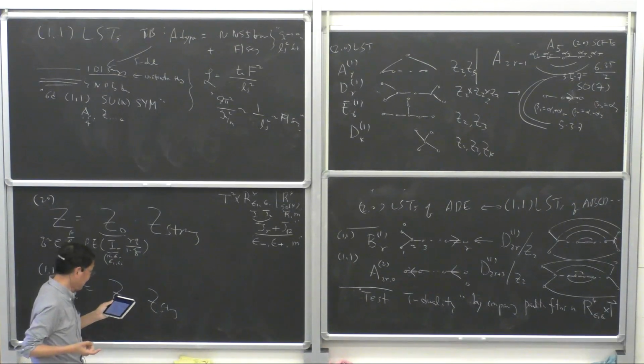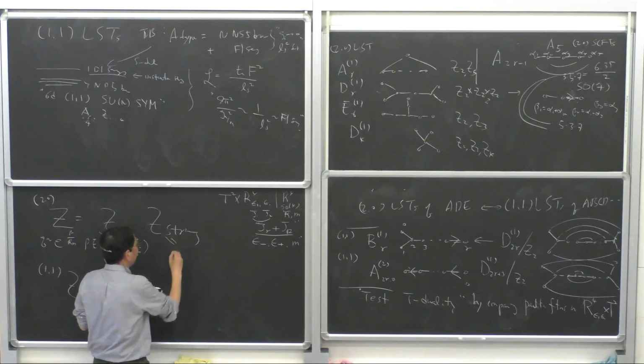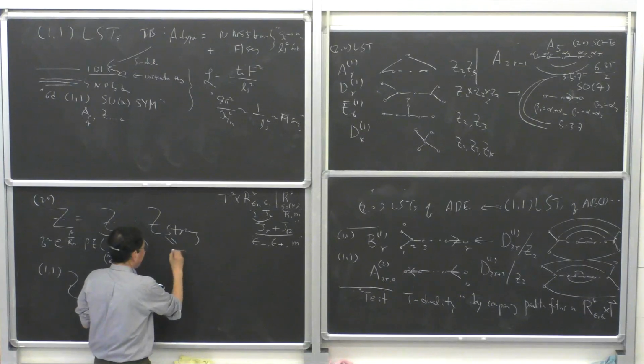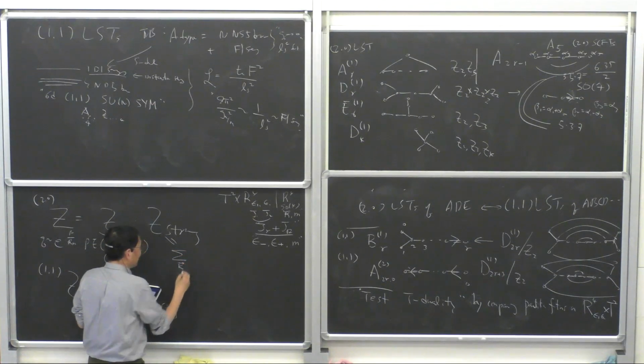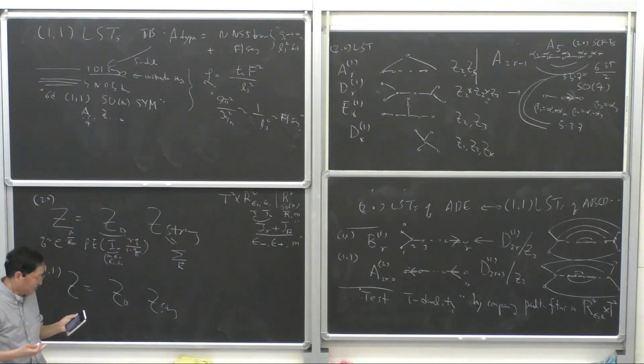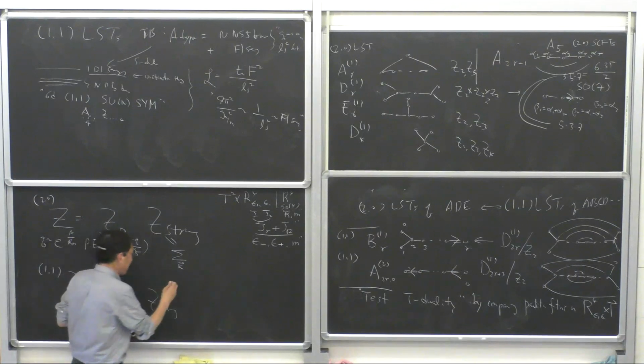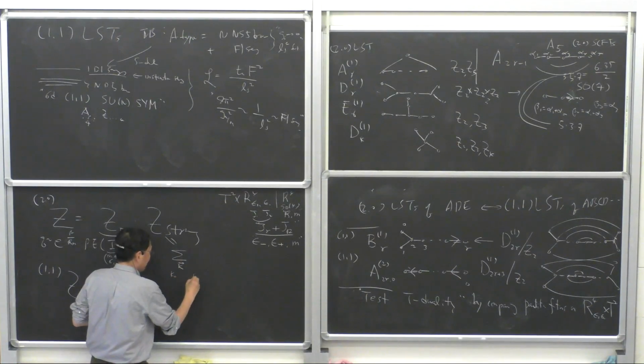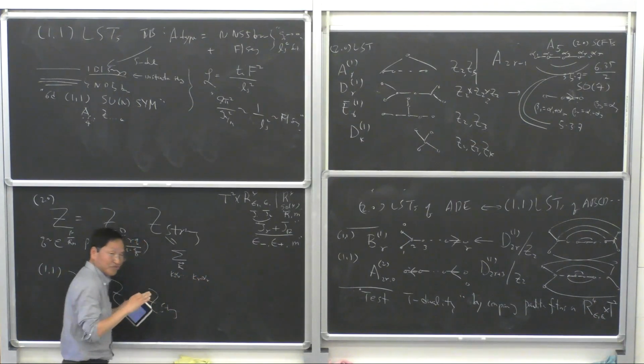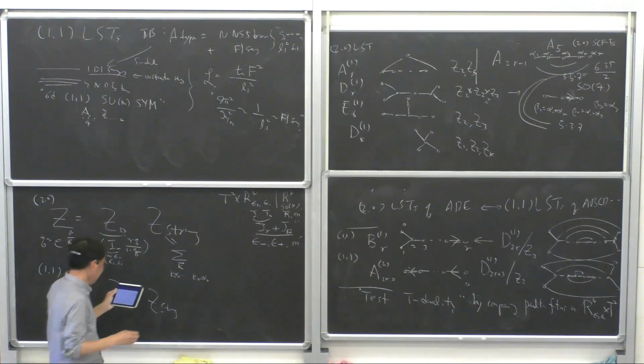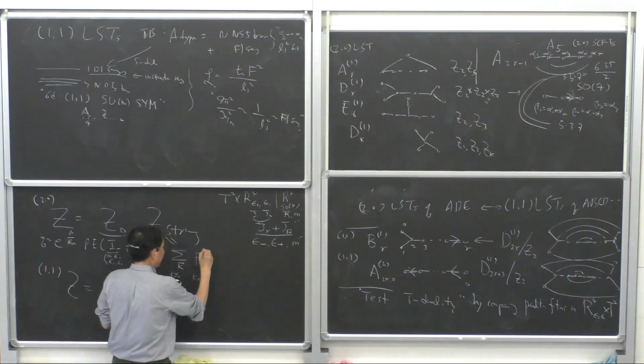I'll not write down the total form. The string part is made of the string partition function, and each string is given in terms of the string number at each affine node, which is given in terms of k vectors. So k0, kr, alpha 0, alpha r will be the string charge.